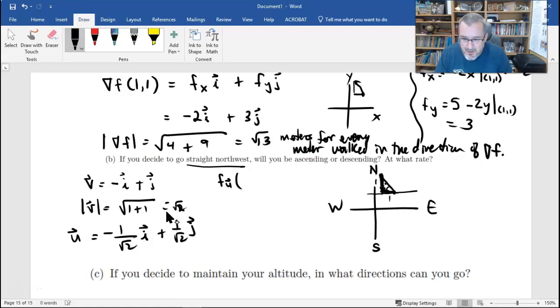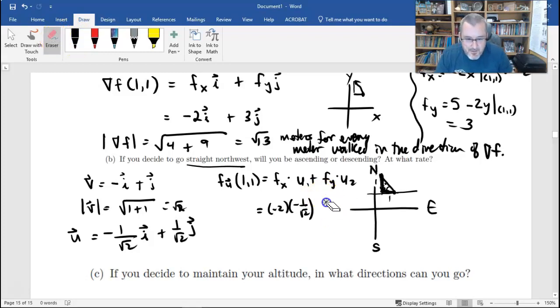The directional derivative at the point 1, 1, again, is the partial derivative at the point 1, 1 times u1 plus the partial derivative times u2, all at the point 1, 1. We've already got that work up here. The partial derivative with respect to x at the point 1, 1 is negative 2. u1 would be the negative 1 over the square root of 2.